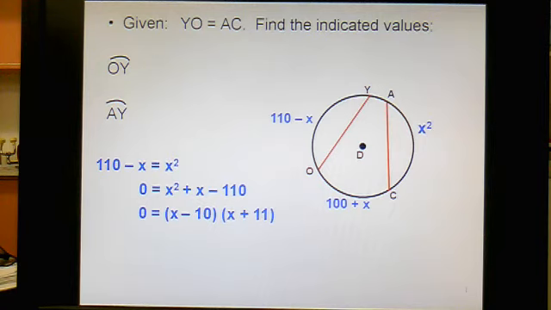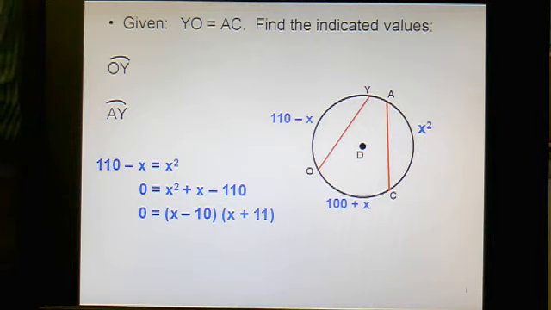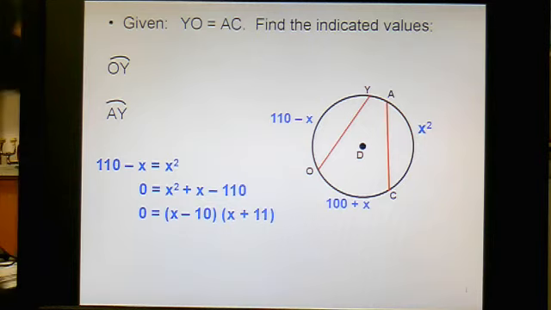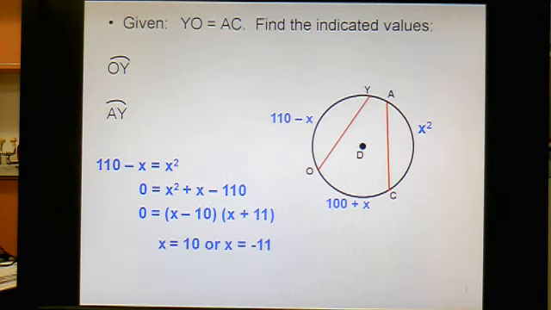The bigger one's positive, the smaller one's negative. And that gives you two values for x. You're going to have to check to see if they both work. One is positive 10, one is negative 11. Plug them back in and check.